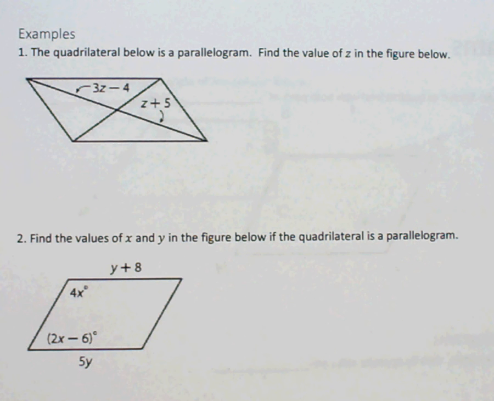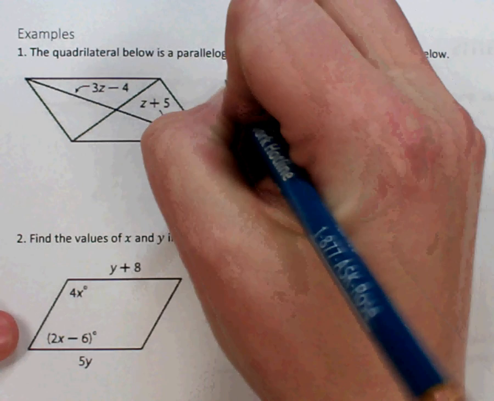In these examples, we will be tying the properties of a parallelogram to some algebra. Okay, so this first example says the quadrilateral below is a parallelogram. Find the value of z in the figure below. So if this is a parallelogram, that means the diagonals are bisected.